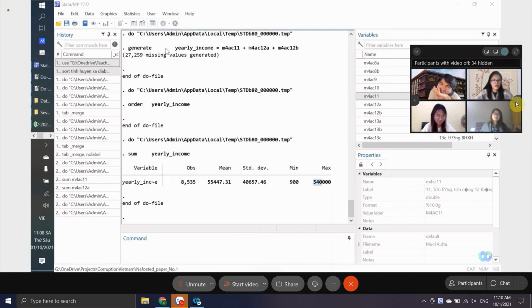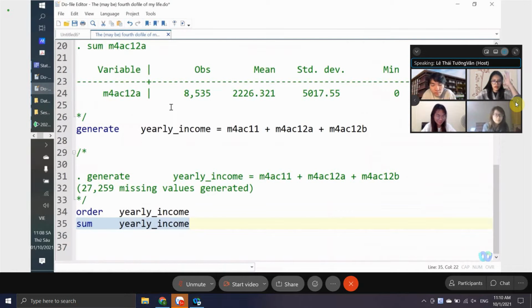So let me continue. And before we go on, I want to give a warning. And this is vital. Ladies and gentlemen, when you sum two variables, like if one is missing and the other is not missing, the result will be missing.